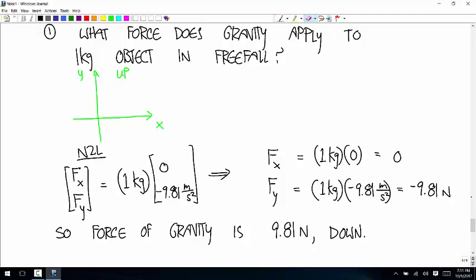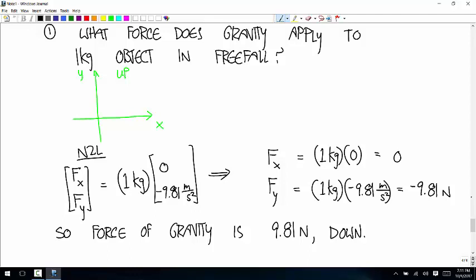So we've only thought about it for a 1 kilogram thing, but it would make things nice and simple if it just turned out that gravity pulled 9.81 newtons down on everything. And we could move on. Yes?